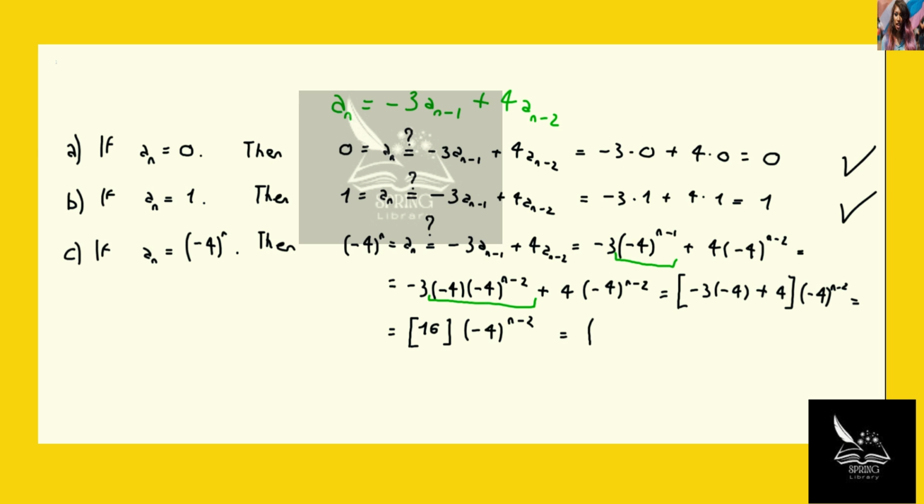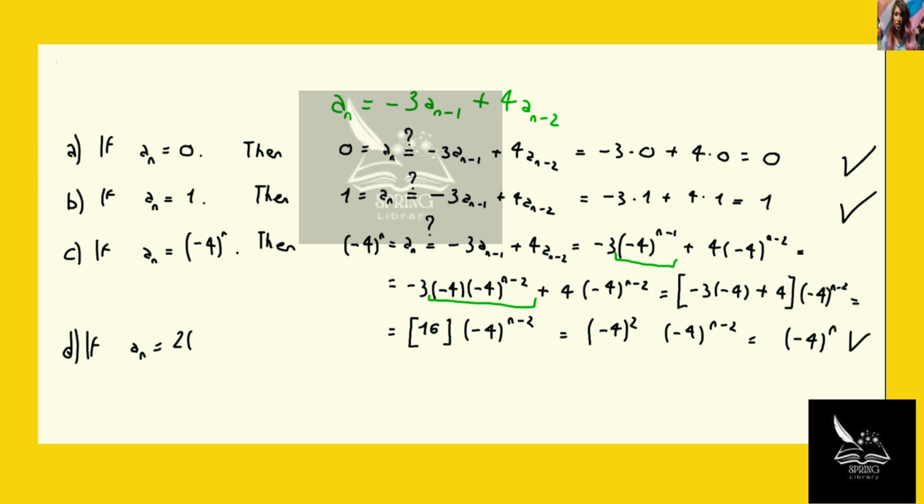But now we also recognize that 16 is in fact the square of 4, but also the square of -4. So the square bracket is (-4)^2 that multiplies (-4)^{n-2}. Now, by the properties of the powers, we know that the product of two powers with the same base is the same base power the sum of the exponents, which is exactly n. And therefore, we've checked that the question mark holds.